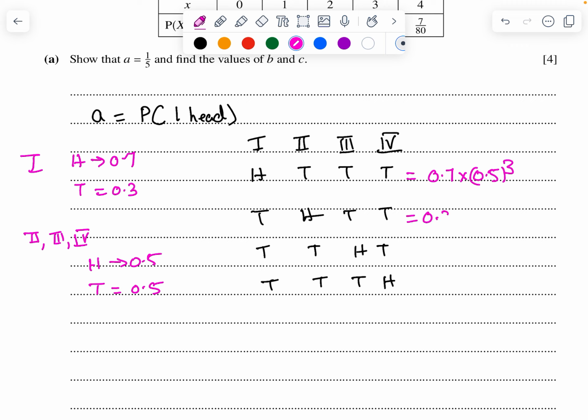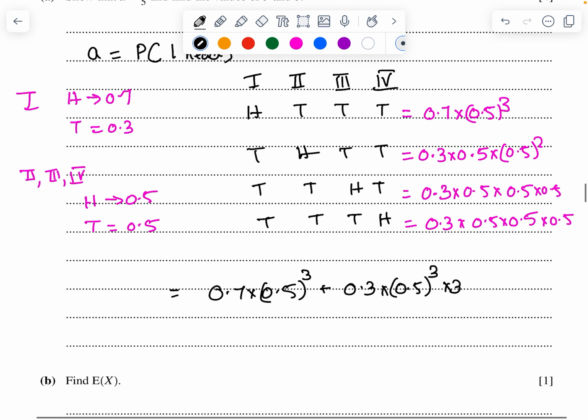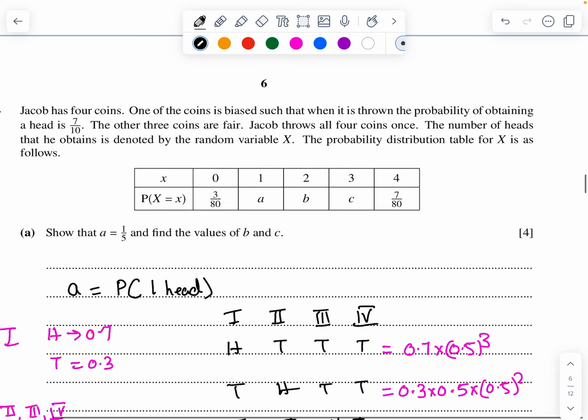For this it becomes 0.3 times 0.5 times 0.5 whole square, and likewise 0.3 times 0.5 times 0.5 times 0.5 for the other two. So the answer is 0.7 times 0.5 whole cube plus 0.3 times 0.5 whole cube times 3, which is 1 upon 5. So A value is 1 upon 5.